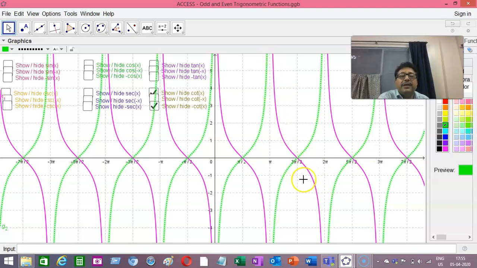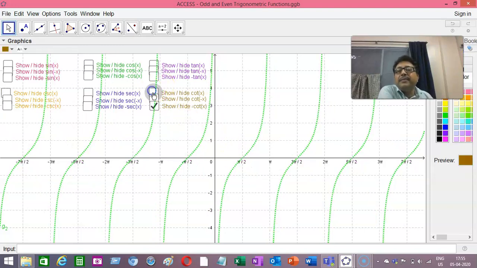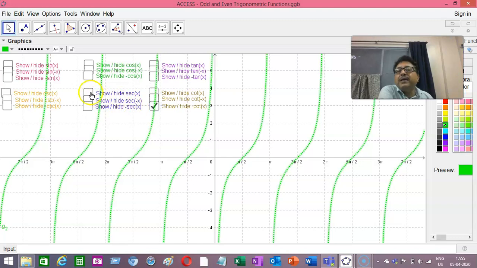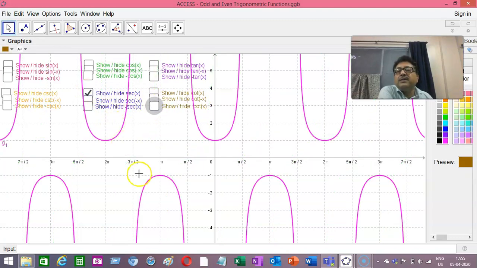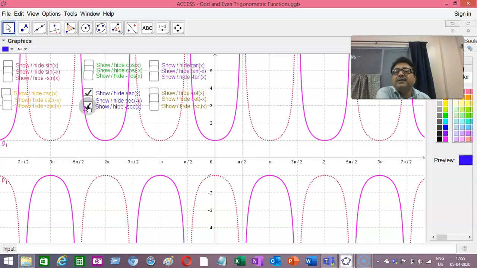This is cot x, its reflection about the x-axis lies here. Similar is the case for other trigonometric functions. We can do it for sec x as well as minus sec x. I put this one off first. The sec x graph is there as you have seen earlier, then minus sec x.